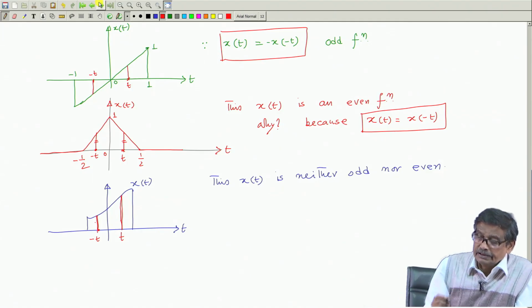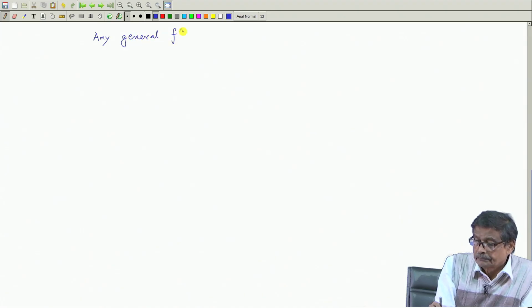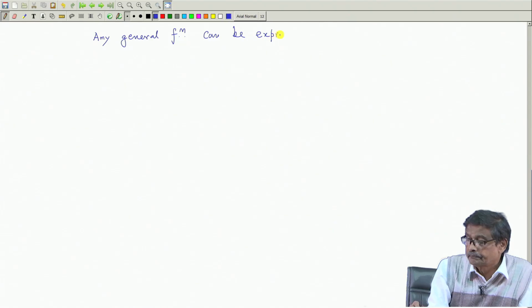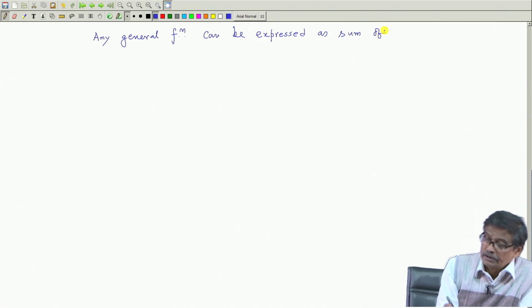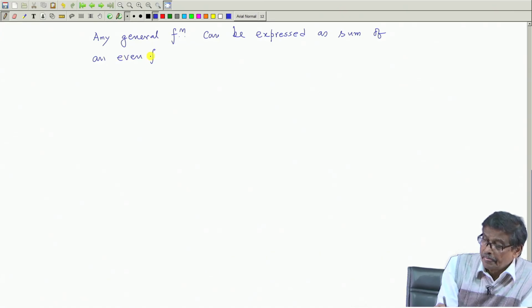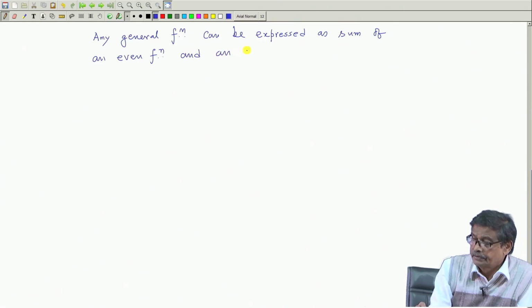What I mean to say is this, you write down: any general function can be expressed as the sum of an even function and an odd function.